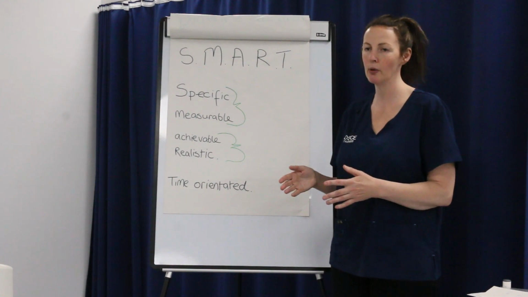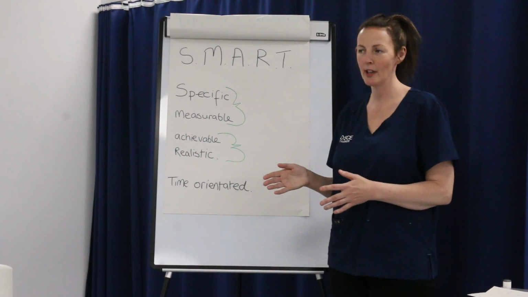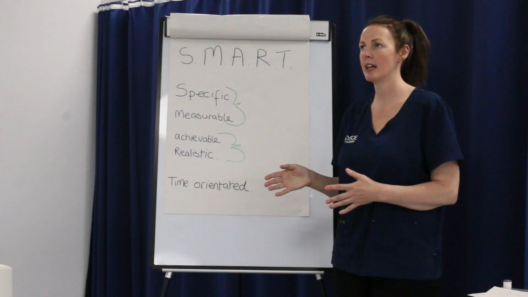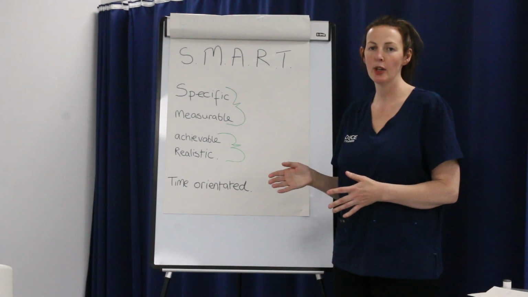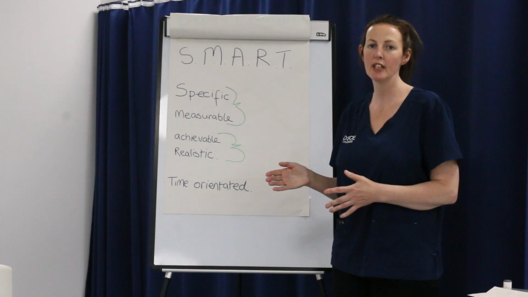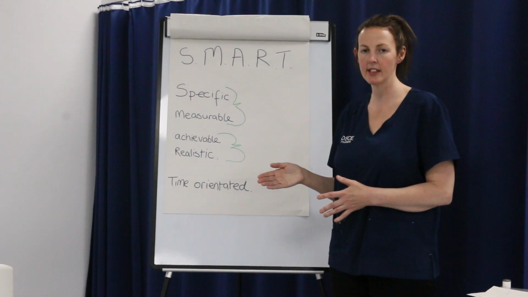Okay, it's not achievable or realistic. His baseline mobility is too poor. It'd be far more realistic for me to write a nursing aim as Mr. Jones will mobilise to and from the bathroom with his walking frame. That would be more achievable and realistic for him.